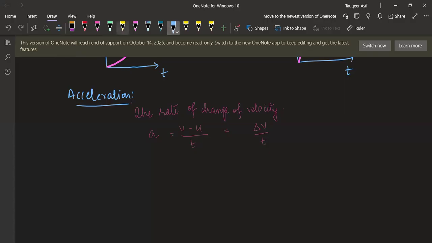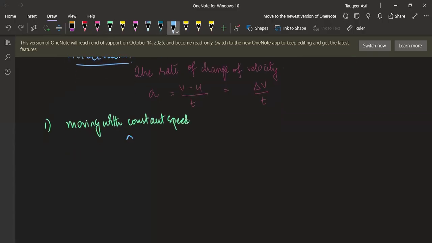So if the object is moving with constant speed, how would the speed time graph be? It would be a horizontal line.